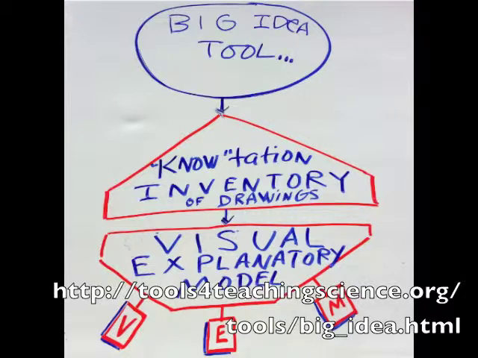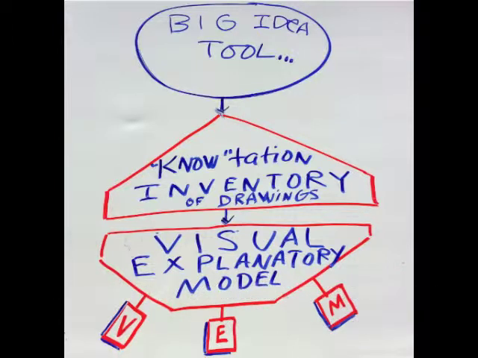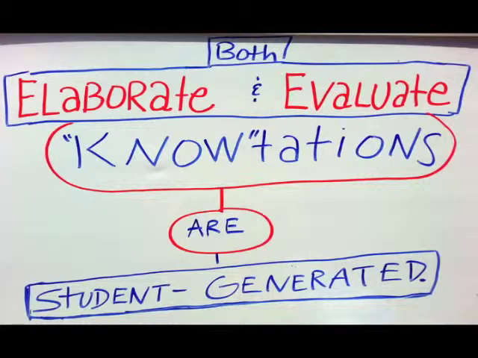The explain notation is the visual explanatory model, or VEM, which you generate as part of the Big Idea tool. The elaborate and evaluate notations are student-generated and designed to assess the ability to apply knowledge and for you to assess understanding.